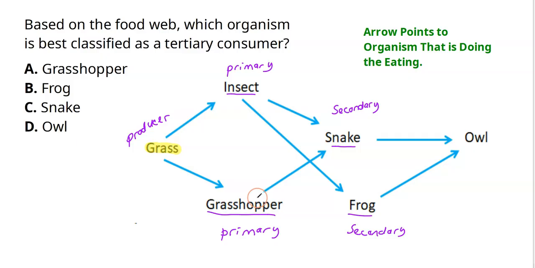You can also see that the grasshopper is pointing to the snake as well. And the tertiary consumer eats the secondary consumer. So the snake points to the owl, so the snake's giving energy to the owl. So the owl is eating the snake and the frog. So this would be the tertiary consumer. Again, the tertiary consumer eats the secondary consumer. So the answer is D.